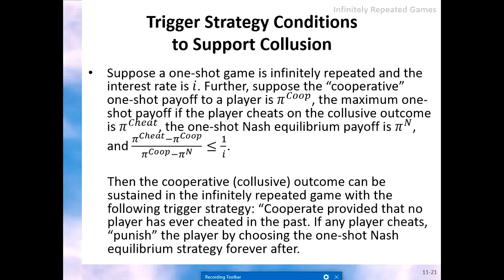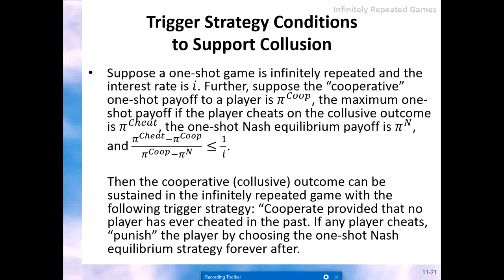The maximum one-shot payoff if the player cheats on the collusive outcome is pi cheat. The one-shot Nash equilibrium payoff is pi n. Here we will have (pi cheat minus pi c) divided by (pi c minus pi n) should be less than or equal to 1 plus i, the interest rate.